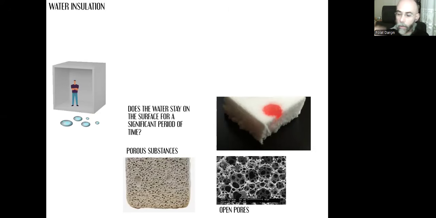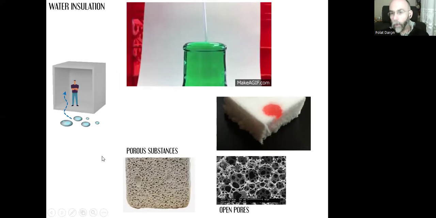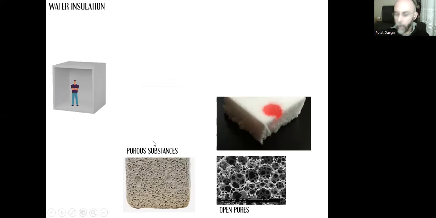We know that there's always water, and depending on the properties of the building products, if there are porous substances, the water can rise in the opposite direction of the gravity because of the capillarity, and there will be water problems in the indoor environment.